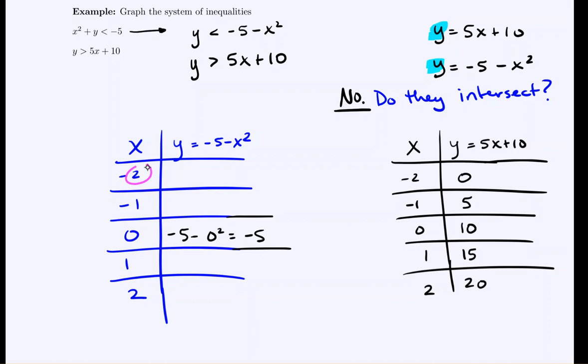Similarly, plug in each of these x values in for x. -5 minus 4, that's going to be -9. Then we would get -6. -5, continuing to substitute, we would get -6 again. Substituting again, we would get -9, when we substitute each of these x values into the equation.